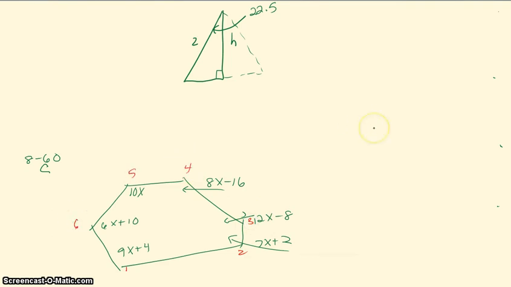So this is 6 angles. So I know that 6 minus 2 multiplied by 180 will give me the angle sum. That's going to be 4 times 180, or 720 degrees in this figure. So I know that all of my angles added together will equal 720.